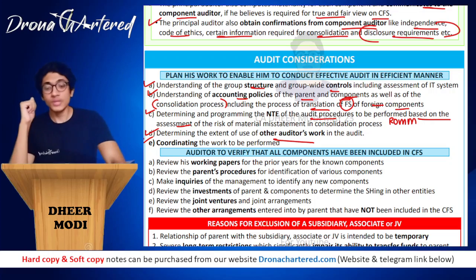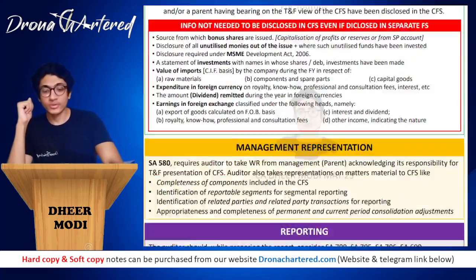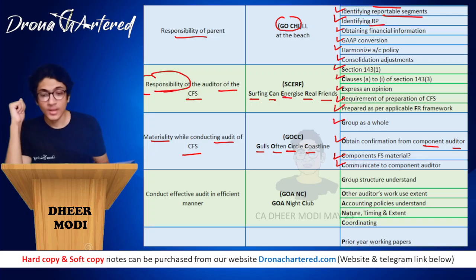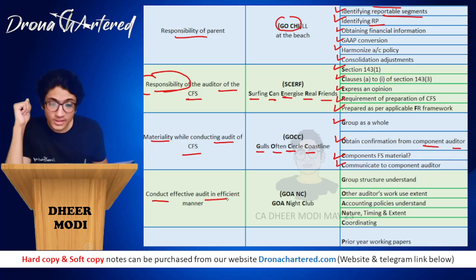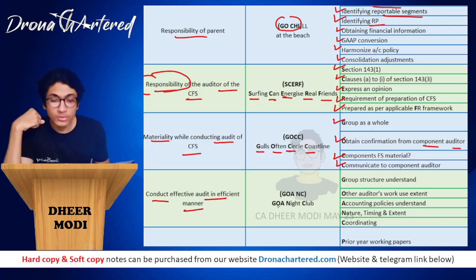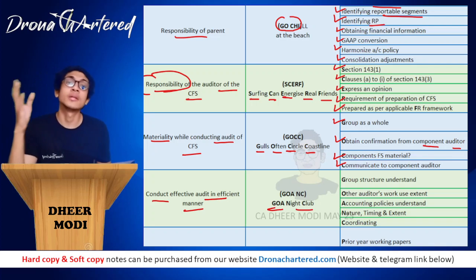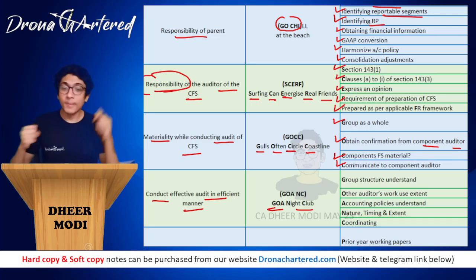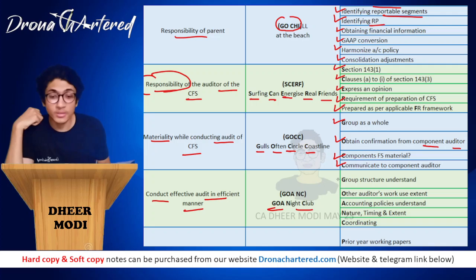Okay, so let's see the key we made for this. Conducting an effective audit in an efficient manner. If you want to be effective and efficient, you will also have to party a little. So your key is your Goa nightclub, that is GOANC. G stands for group structure, you will have to understand the structure.